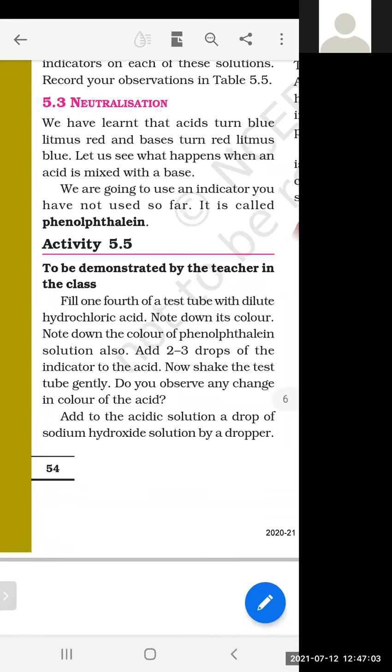Now shake the test tube gently. Do you observe any change in the color of the acid? Add to the acidic solution a drop of sodium hydroxide. Sodium hydroxide is a base. So now we will add a few drops of this solution by dropper.